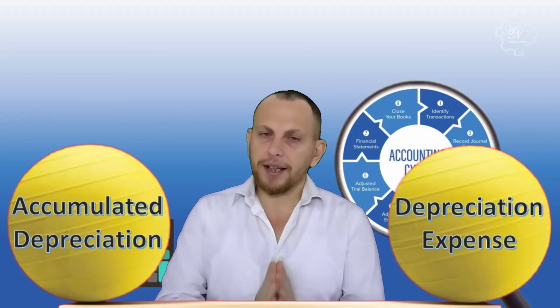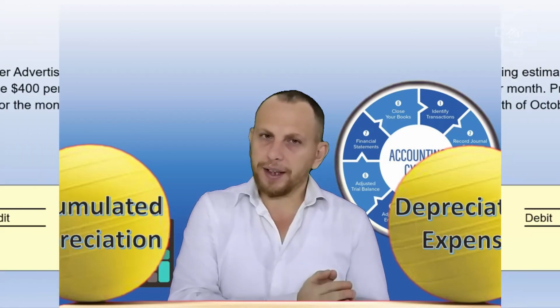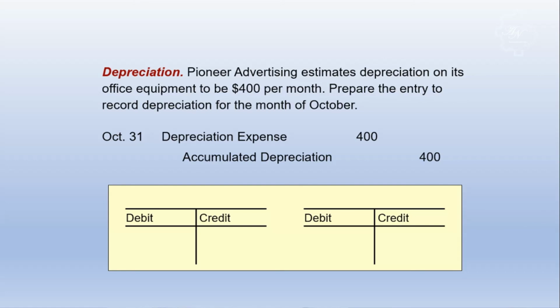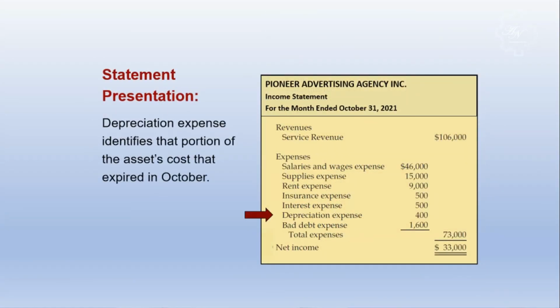Accumulated depreciation is a contra account for assets, also increased. So the entry: debit depreciation expense, credit accumulated depreciation for $400. And we can see the equipment less accumulated depreciation in the balance sheet and depreciation expense in the income statement.